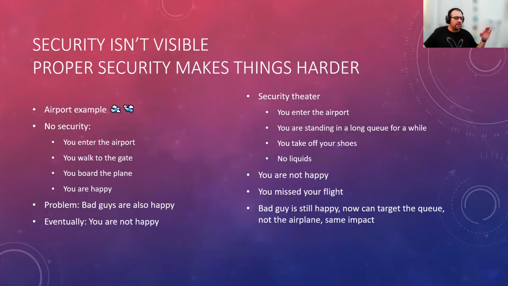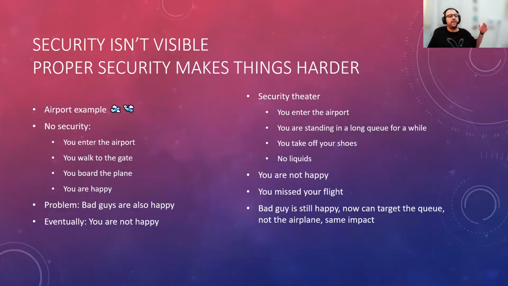Now, I give the example here of the airport. If there is no security, you just go to the gate, you board the plane, you're happy. We have seen that the bad guys are also happy in this case. So what happened is that you have a security theater. You enter the airport, you stand in a long line, you wait, there's a whole bunch of limitations, and the bad guy is not actually limited by that.